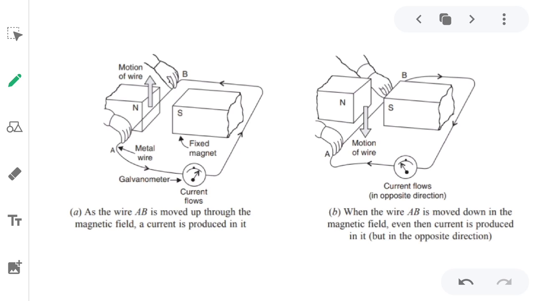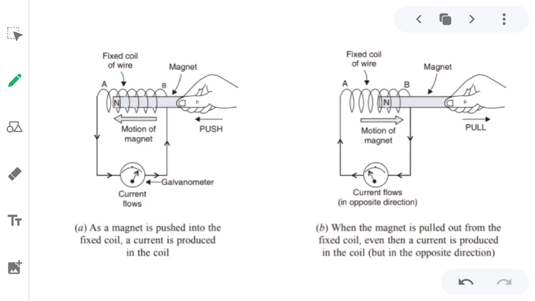In that case also, the induced current's direction will change. So these are the two different ways through which you can produce electricity.